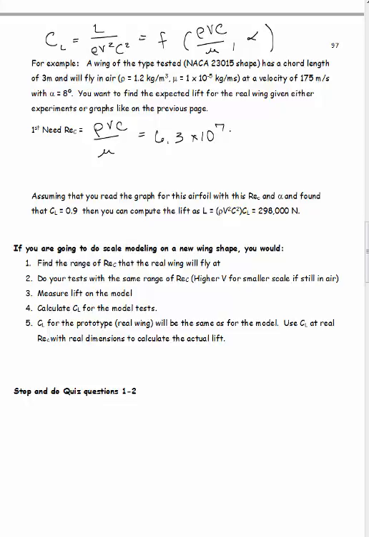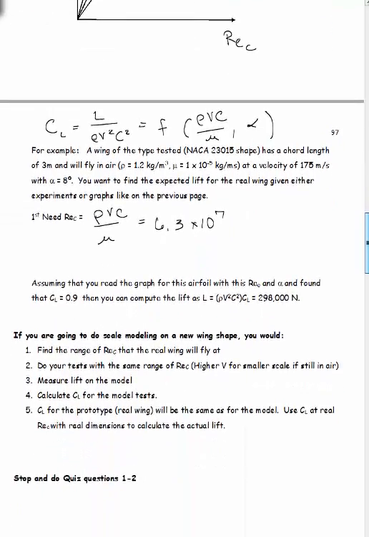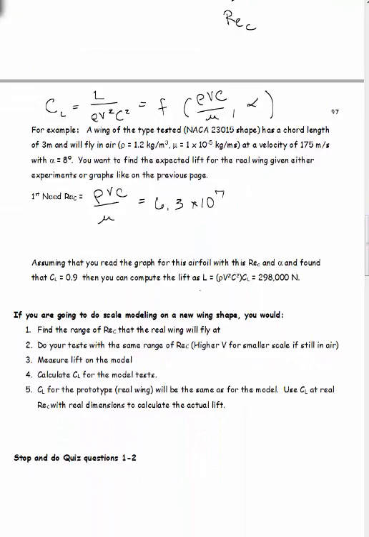So let's say we have that graph up above, this graph, and we're able to read that for this alpha that we have, and this Reynolds number, 6.3 times 10 to the 7th, we got a coefficient of lift 0.9, okay? So if that was the case, we would put in 0.9 is CL, and then we can rearrange and plug in, and you end up with 298,000 newtons on the prototype, based on stuff we did on the model. Okay, so that's how you do similarity or scale modeling, and we're going to cover that more later.